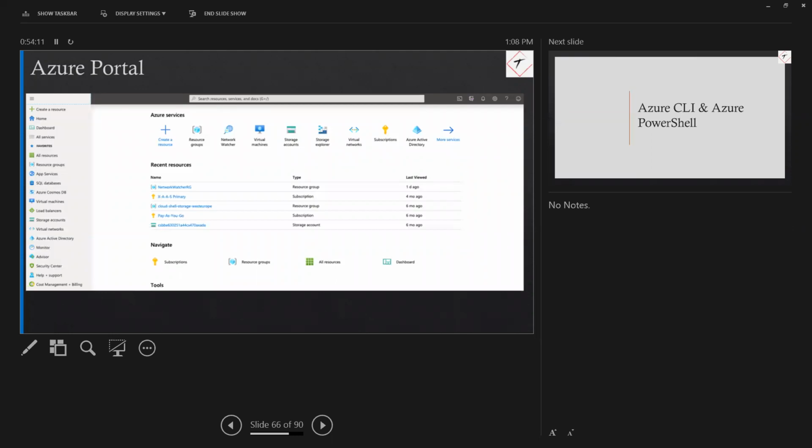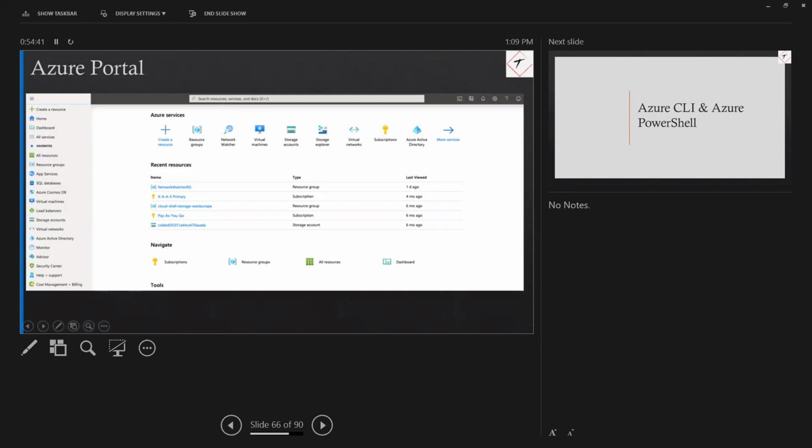It is very easy for you. It is like using any other mobile app per se. You can just create the resource you want. There is no command line interface required for you to deploy or implement anything. On the left side, you have all the resources, or you can just click on create a resource and search for a resource, and you can implement almost everything you need through Azure portal.